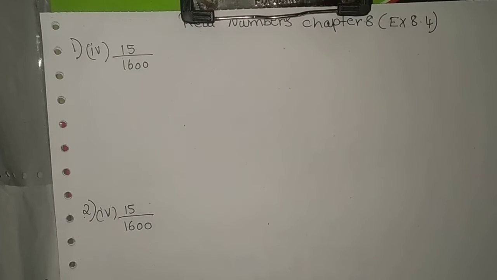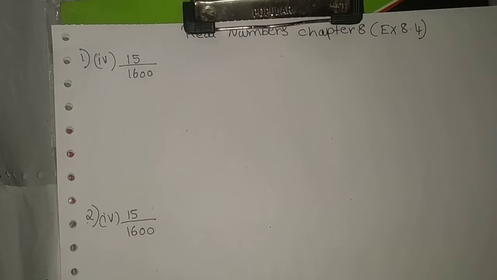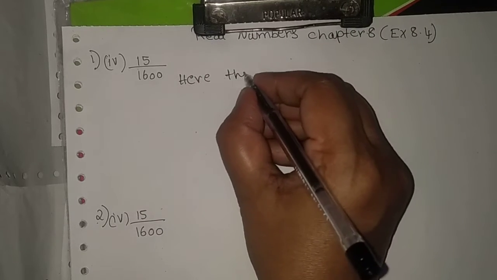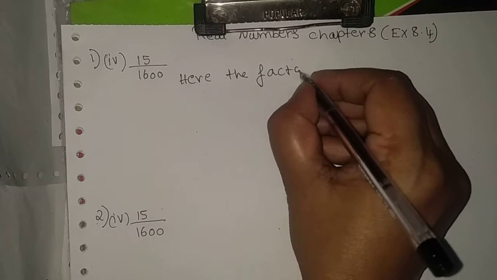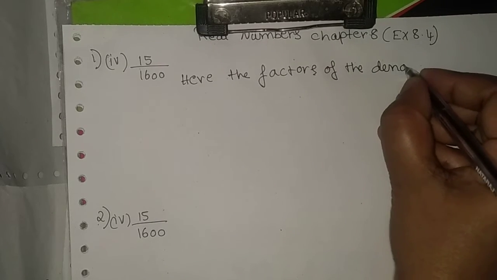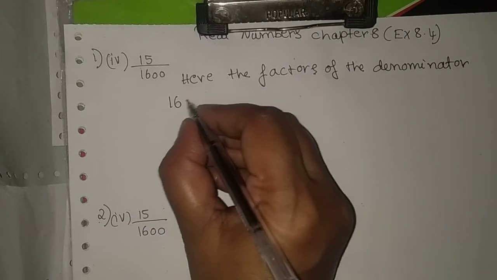That is the fourth problem. They have given us 15 by 1600. Here also same thing. Here we have to write the factors of the denominator, that is 1600.